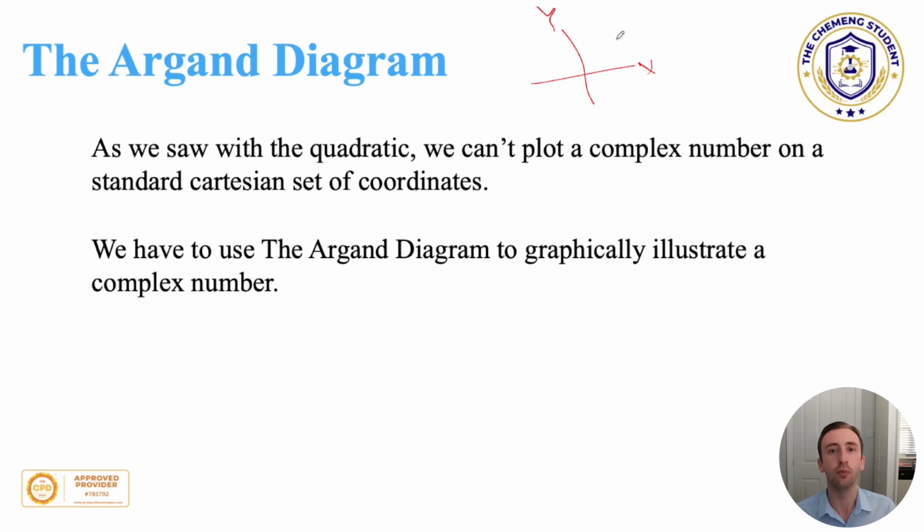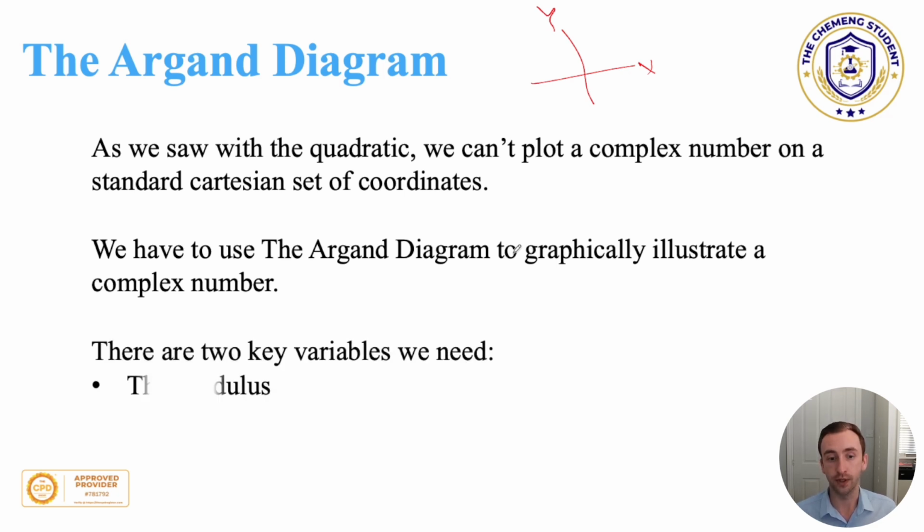X and y are both real. So that's what we call a Cartesian set of coordinates. Now, because a complex number contains a real and an imaginary section, we can't use Cartesian coordinates. We have to then use the Argand diagram to graphically illustrate the complex number.